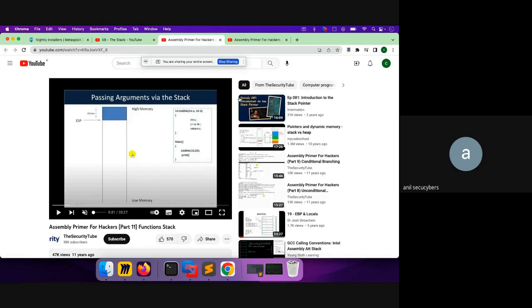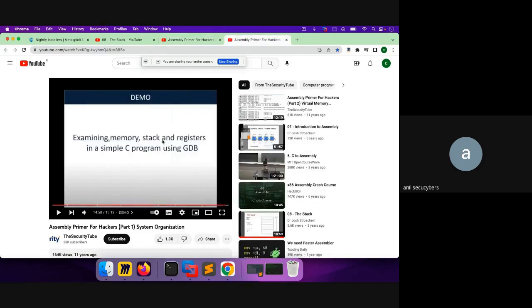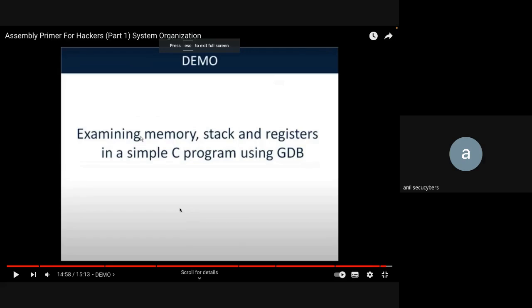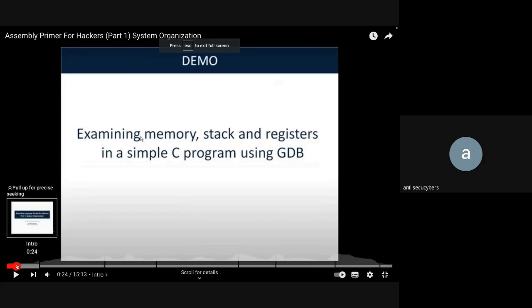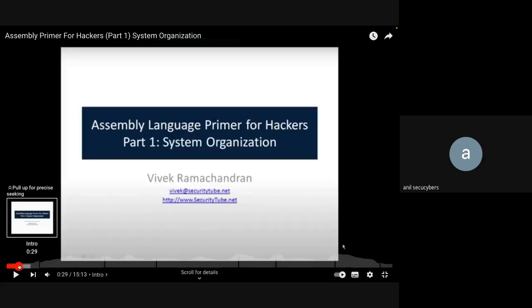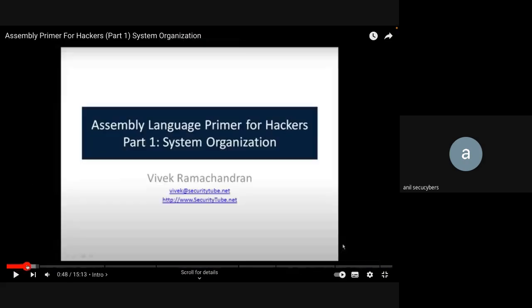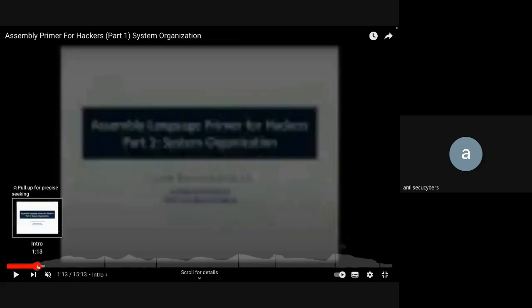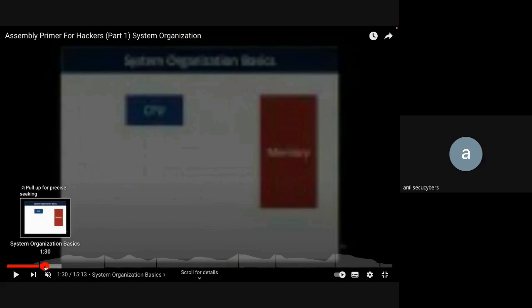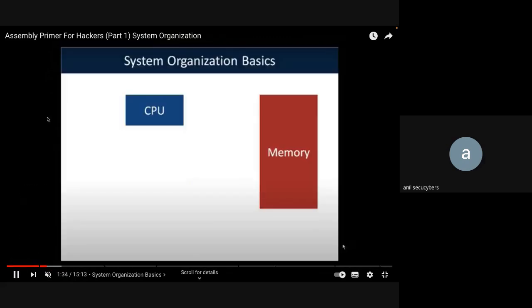Let me go to one video I picked, because it has a few specific good figures and images, so that's the reason I picked this up. Let me go to the specific figure and start from there. I'll quickly start with the basic ones.